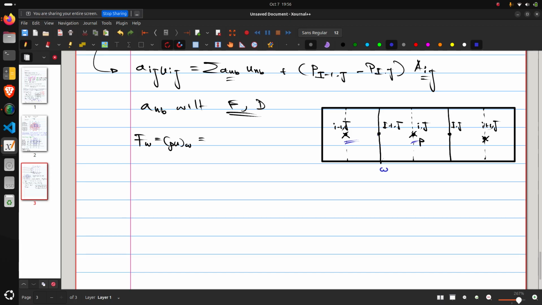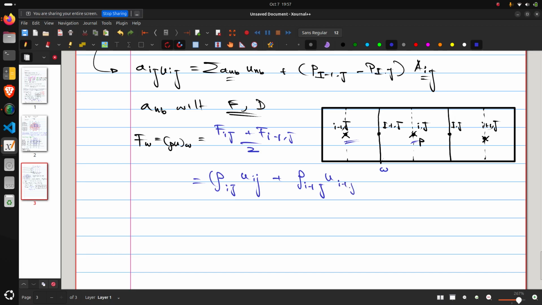So we can write f small i capital J plus f small i minus 1 capital J by 2. And f small i capital J will be rho at small i capital J times u of small i capital J, plus rho small i minus 1 capital J times u small i minus 1 capital J.